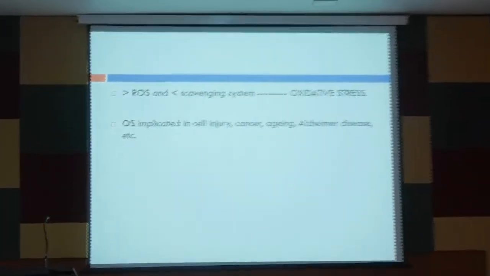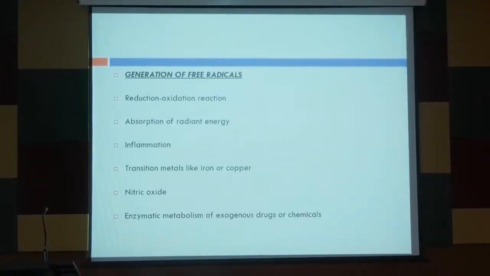So this is exactly what I have mentioned before: generation of free radicals. The first and foremost is reduction oxidation reactions. Just remember the names; you don't need to know the mechanisms in detail.